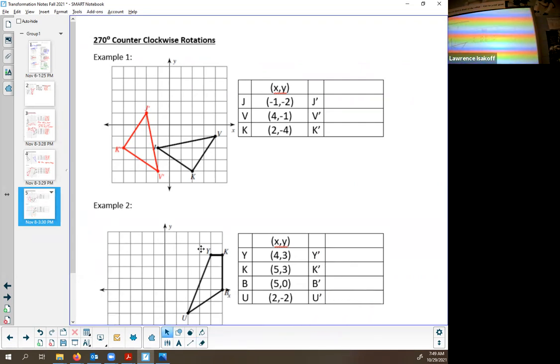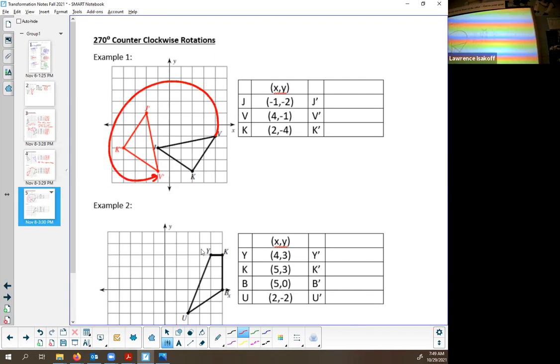So now there's one last rotation. This is a 270-degree rotation. So this is going almost all the way around. It could also be seen as a 90-degree rotation in a clockwise motion.